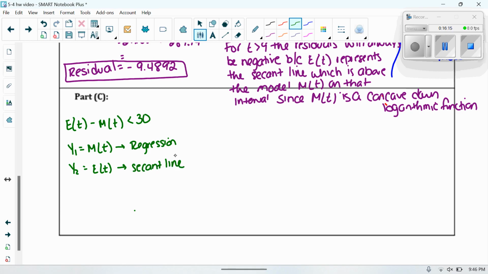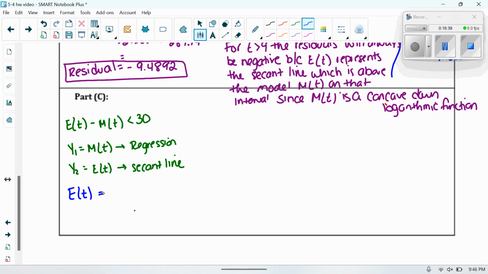The problem is right now I don't know my secant line. So I want to write my secant line equation first. So E of T is going to be equal to an initial value, but it doesn't have to be an initial value. It's one of my starting points.